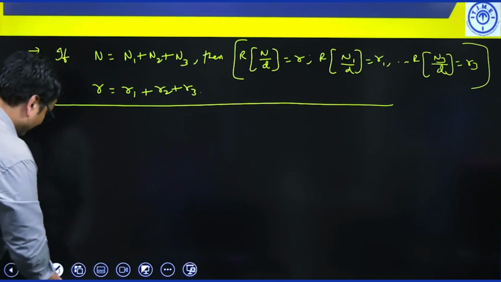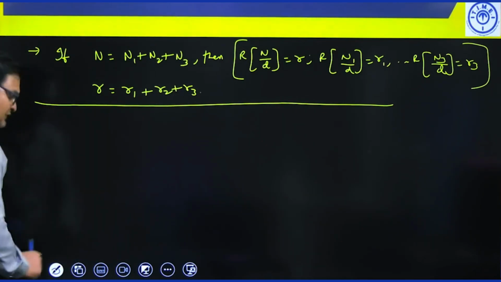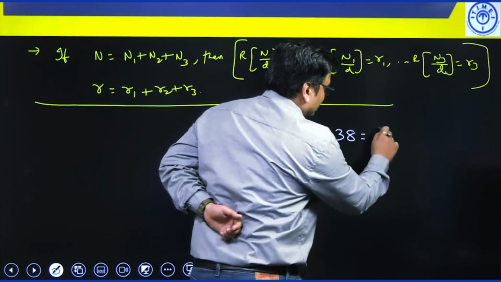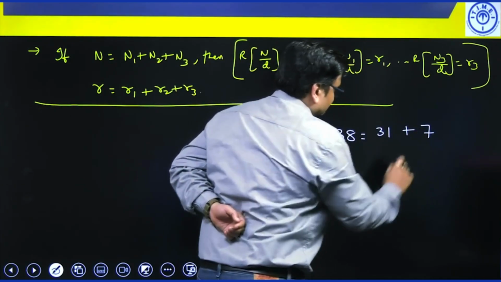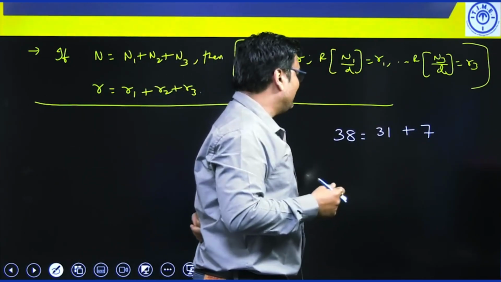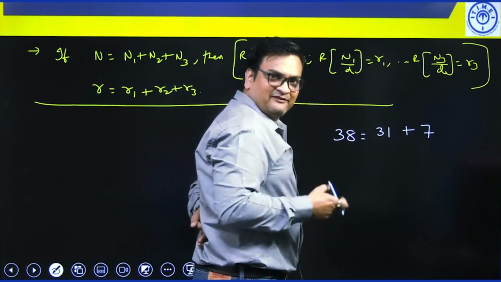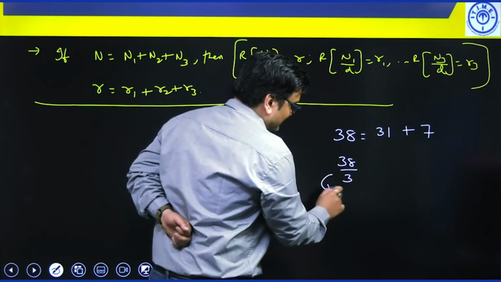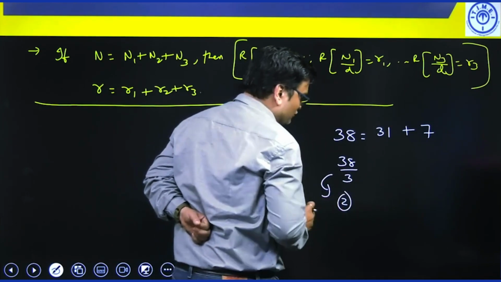Let me explain this with a small example. Observe this. Can we write 38 as 31 plus 7? Right, makes sense. Now let's divide both sides by 3. So 38 by 3, what's the remainder? Manually, the remainder is 2.